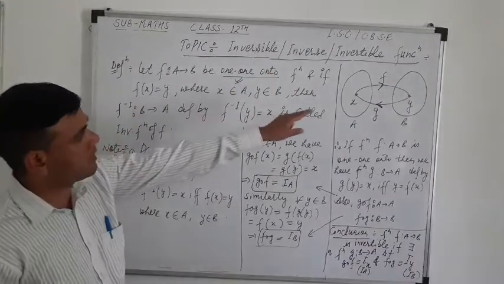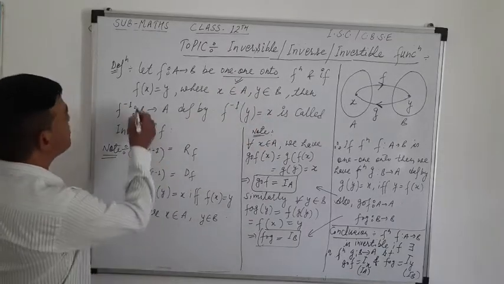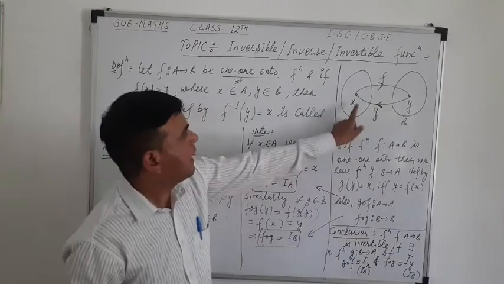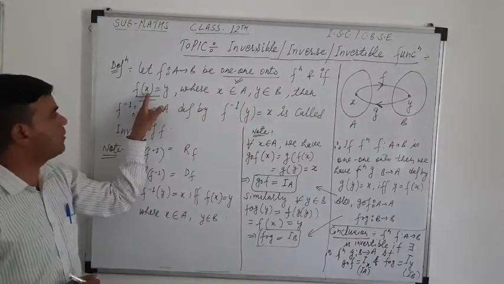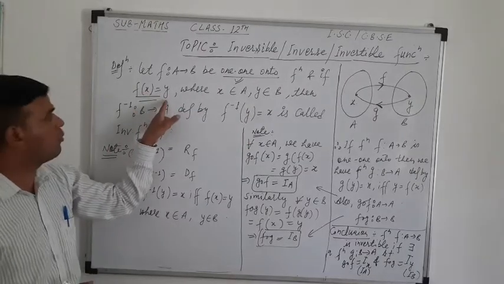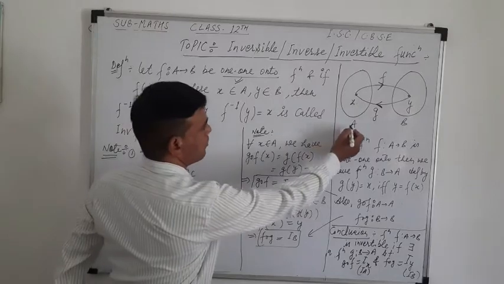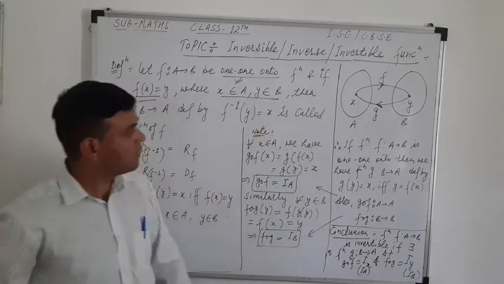If any function f is given as 1-1 and onto, and if f(x) is equal to y, it means f image of x is y, or the value of the function at x is equal to y, where x belongs to set A and y belongs to set B.